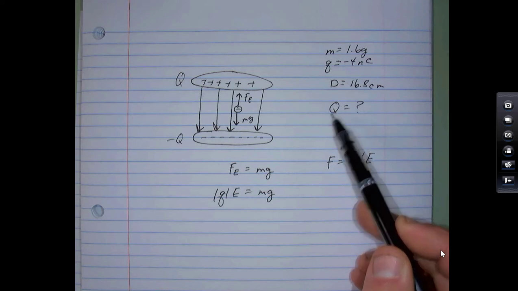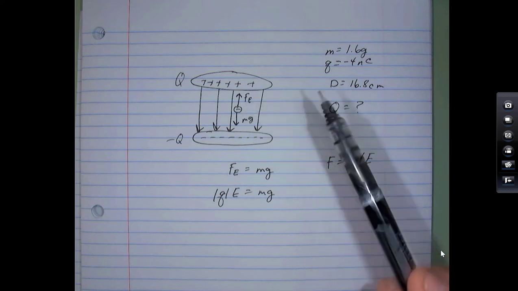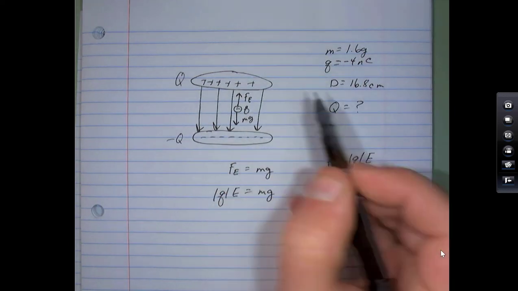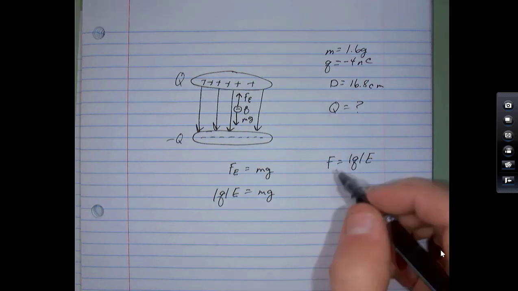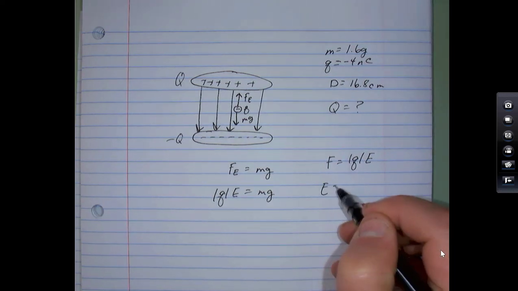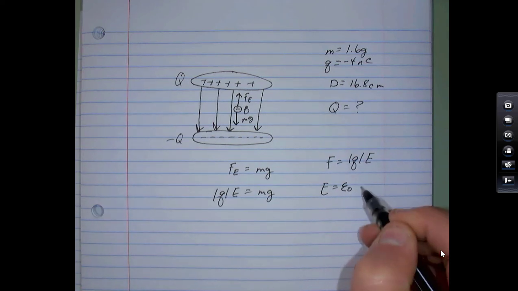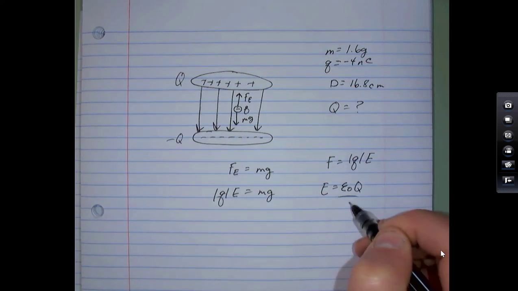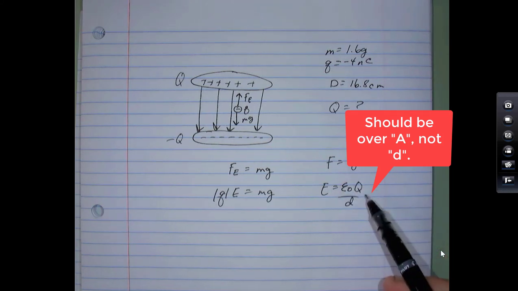This big Q is not in the formula. The little q is this charge. The big Q is the charge on the plate. So remember, also, for the electric field of a capacitor, it is Q over epsilon, A. Then if you put this in for the electric field, you'll be able to solve this.